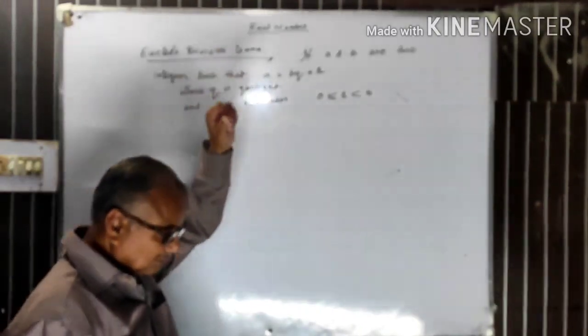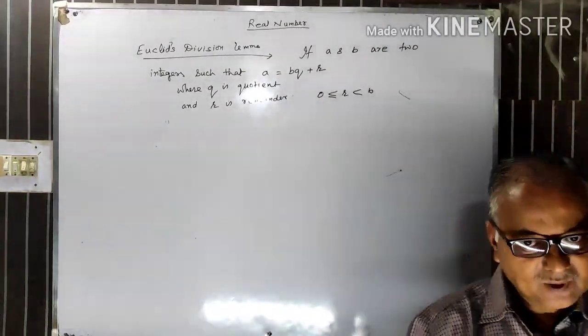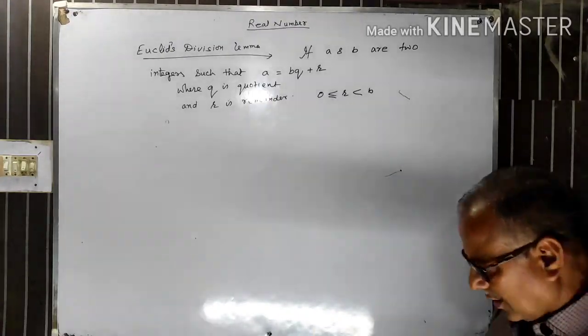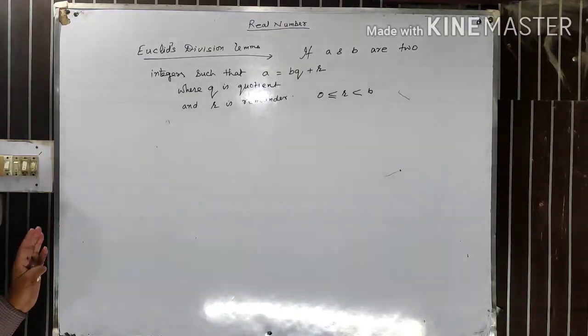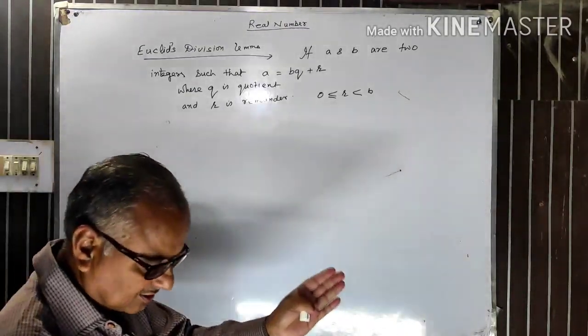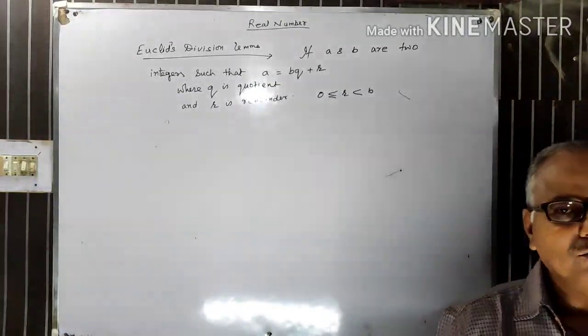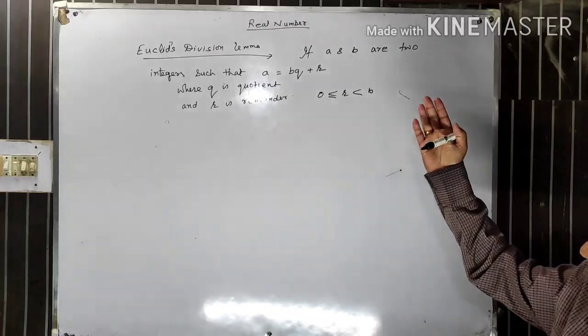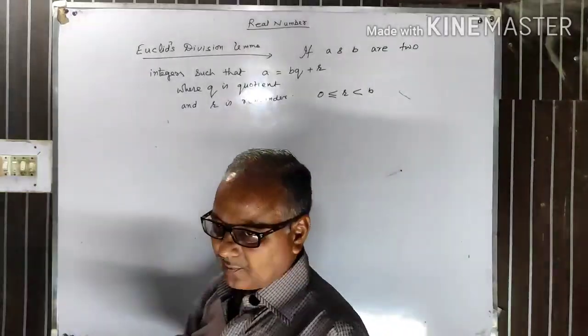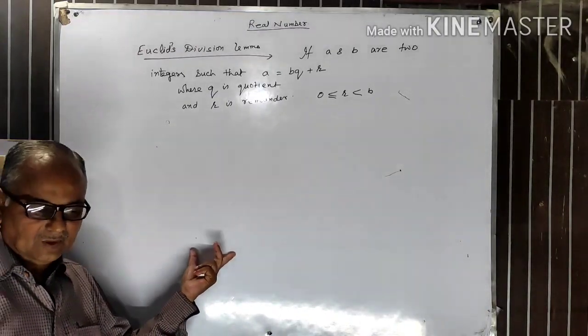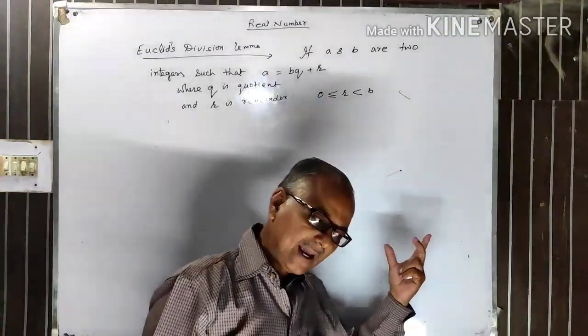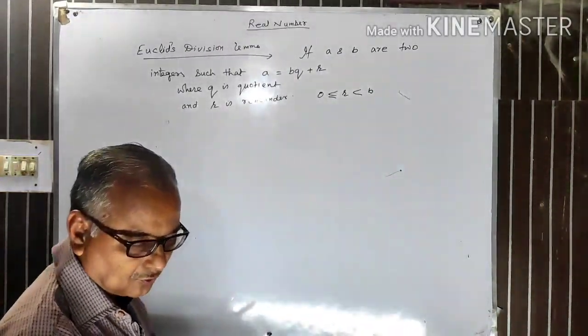So with the help of Euclid's division lemma, there is Euclid's division algorithm. It gives us the various steps to calculate the things which we have to calculate.